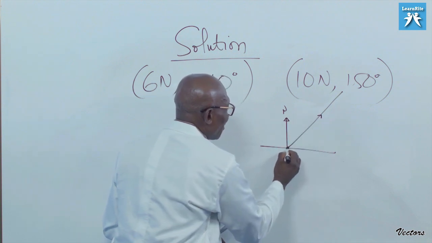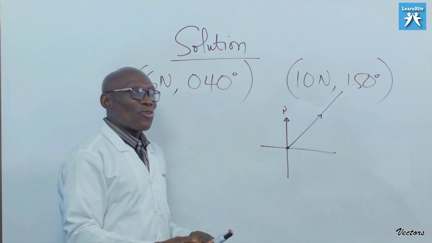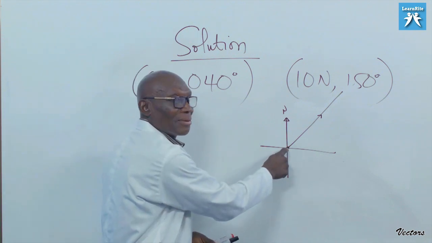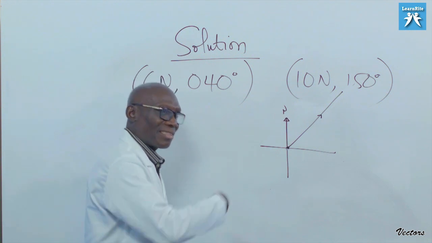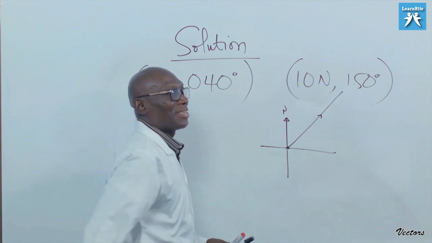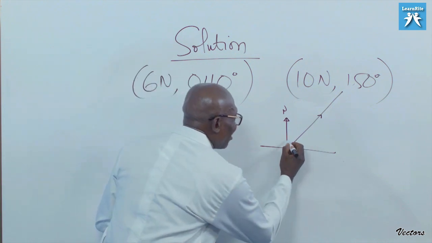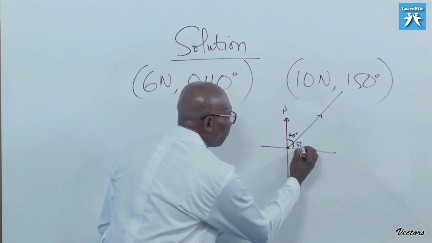Do you remember I said that all vectors will always start from the cross junction here? They start from there. And this is the angle 40, and what is left here will be 50.